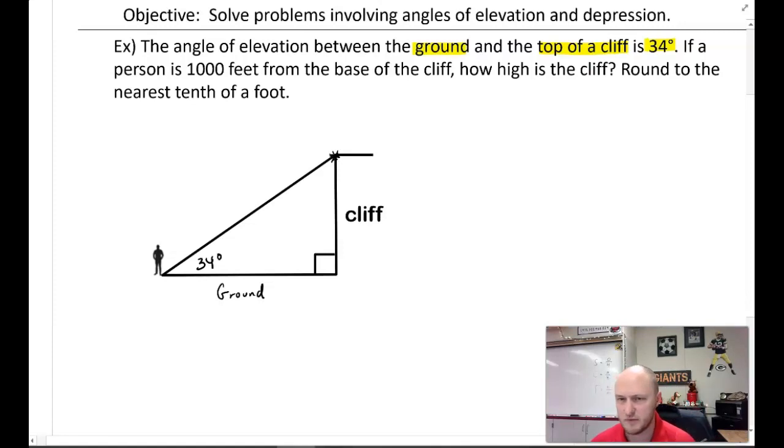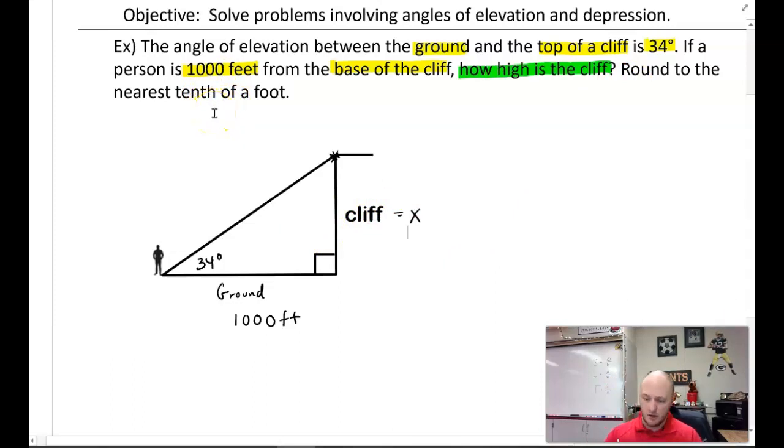Then they say if a person is 1,000 feet from the base of a cliff, how high is the cliff? So I know this distance is 1,000 feet, and we want to know how high is the cliff. Round to the nearest tenth of a foot.